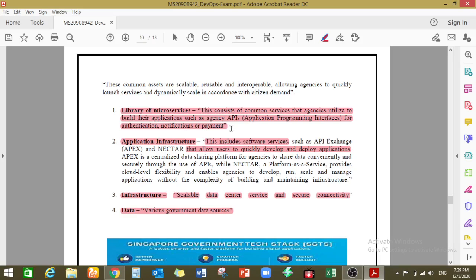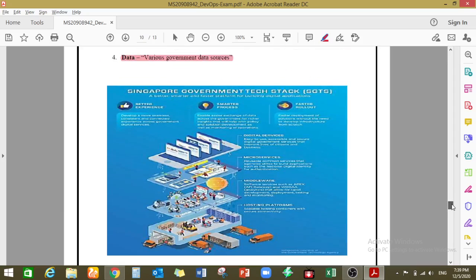Under the application infrastructure, this includes software services which allow users to quickly develop and deploy applications. In infrastructure, scalable data center services and secure connectivity are there. In data, different government data sources can be hosted at this level.